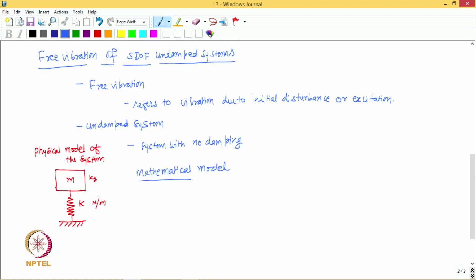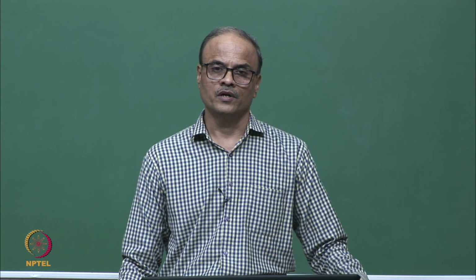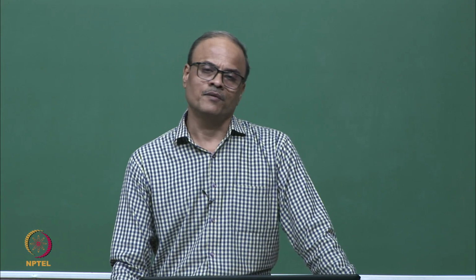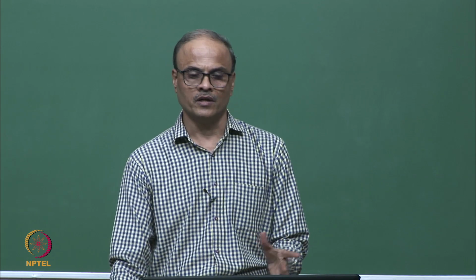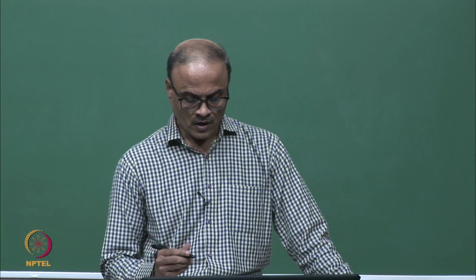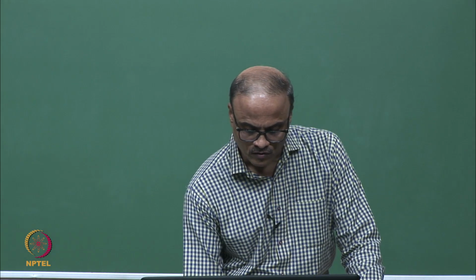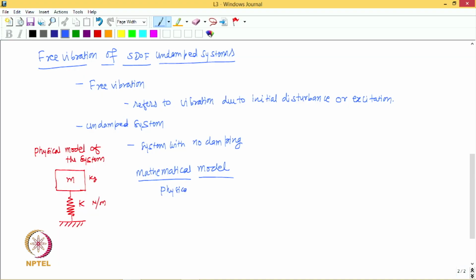So, to obtain the mathematical model, we need to invoke the relevant physical law which describes the behavior of this system. There are alternative physical laws which are all equivalent, and either of them can be used to obtain a corresponding mathematical model of this physical model.